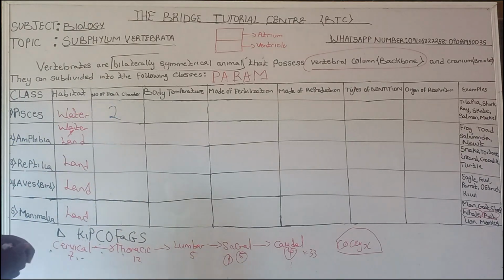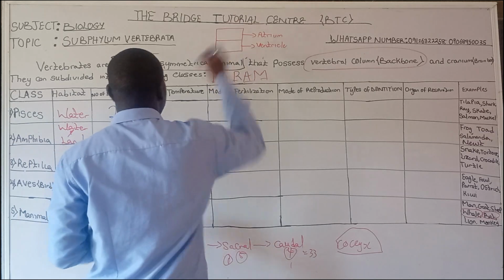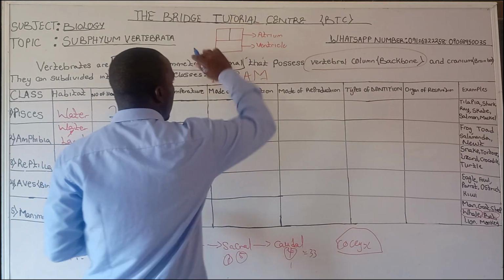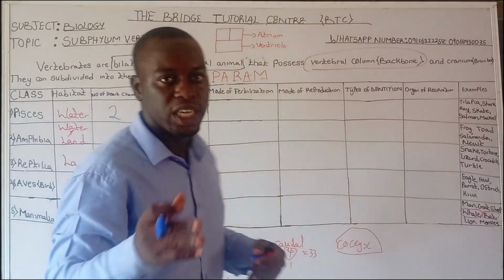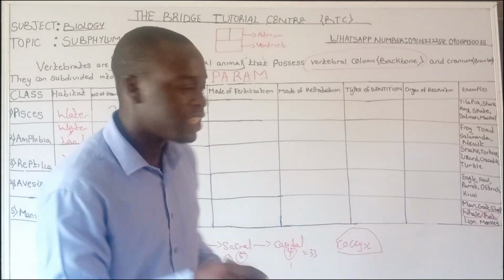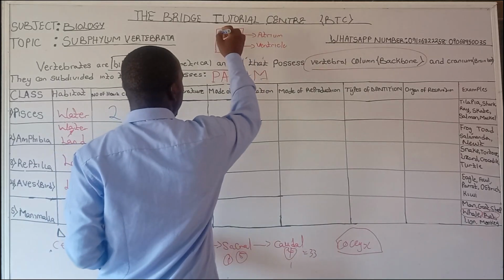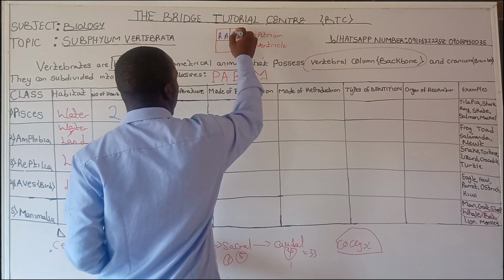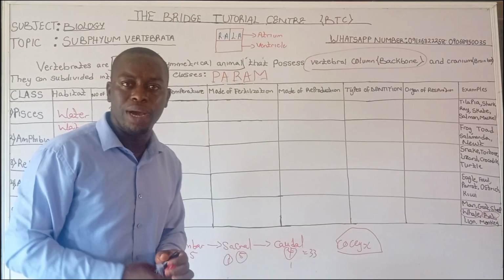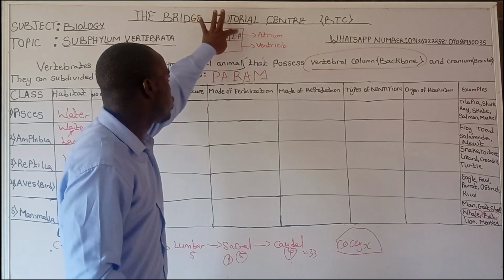What about the next one? Amphibian. Their atrium is subdivided into 2 like this. Don't forget that when you are drawing a diagram in biology or anatomy, your left is your right. So this will be the right atrium, while this one will be your left atrium. So you can see that they have how many chambers? 3 chambers. 1, 2, 3.